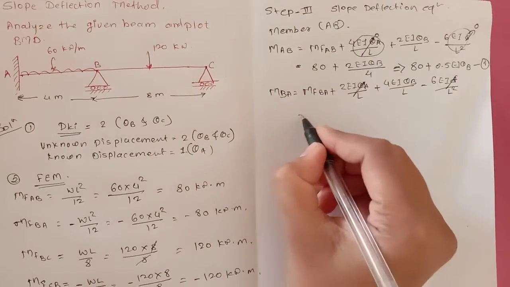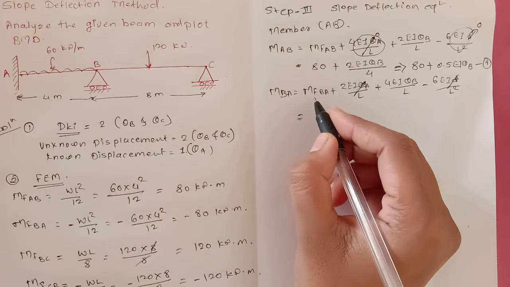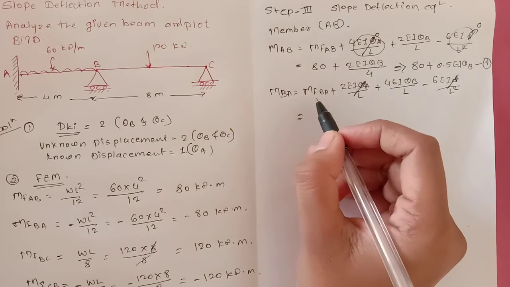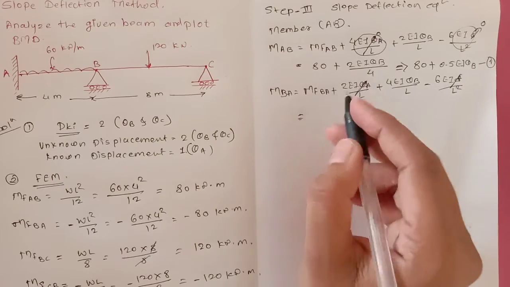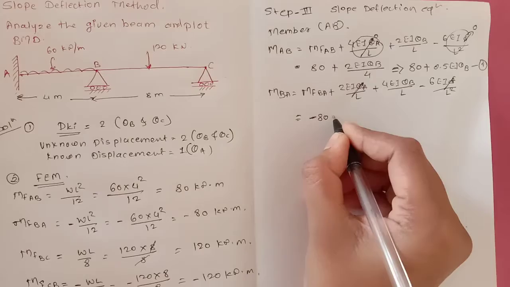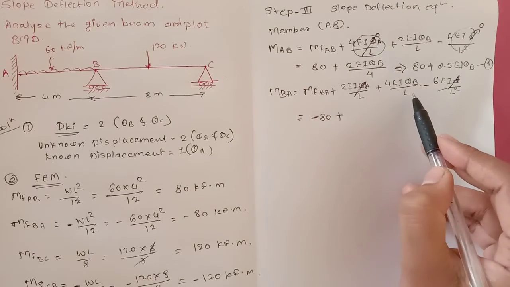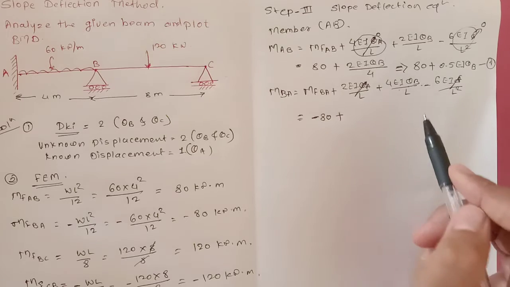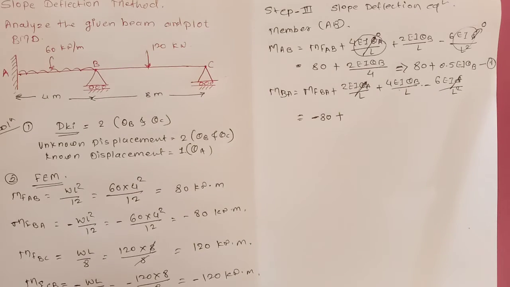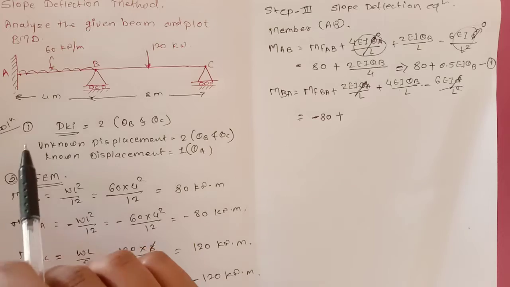So remaining is, we know the fixed end moment for member BA is minus 80. Minus 80 plus 4EI theta B divided by L, where L is 8 meter. So 4 divided by 8 is nothing but... here for member AB the length is 4 meter.